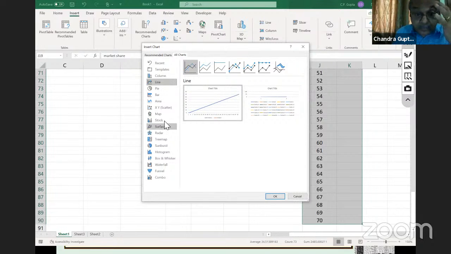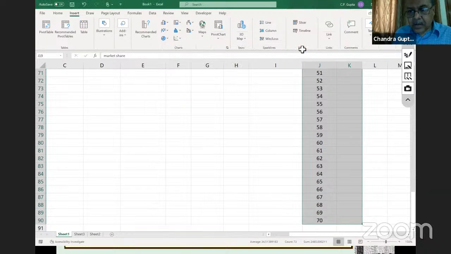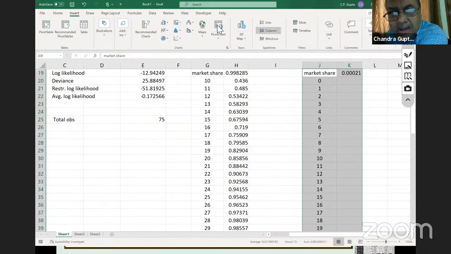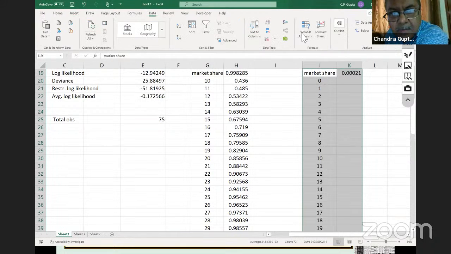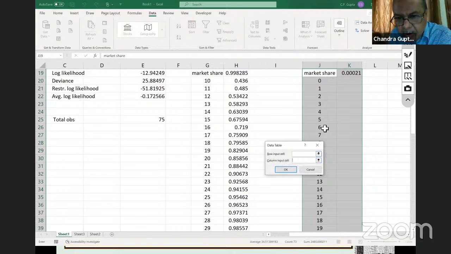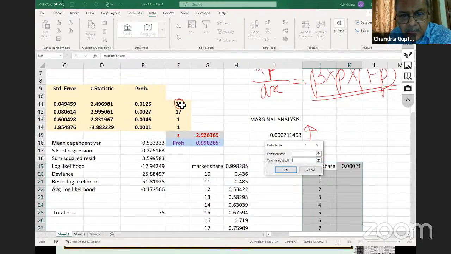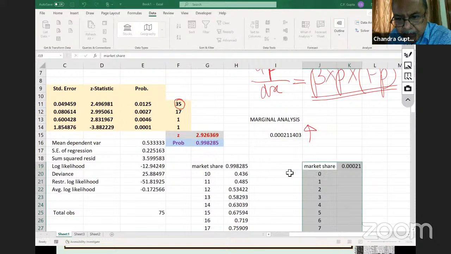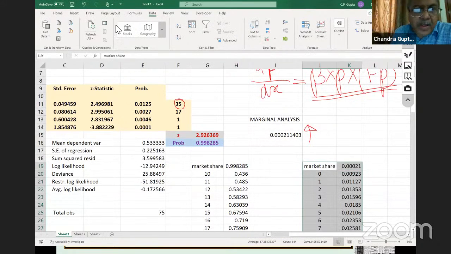So first I have to define data table, and my column input is 35, and then I can make the graph.